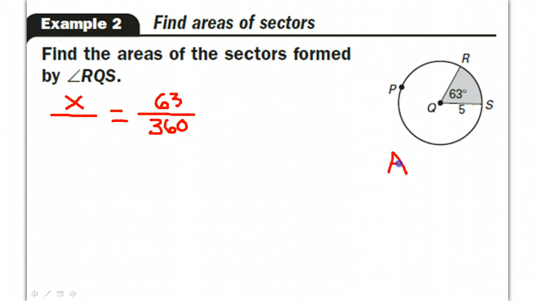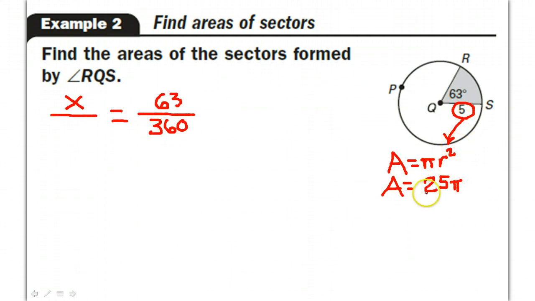So off to the side somewhere, work your formula. Area equals pi r squared. The radius is 5. So substitute that into the formula. So the area is equal to 25 pi. And you can start to shorten your steps a little bit and go straight to 25 pi, understanding that it's 5 squared.